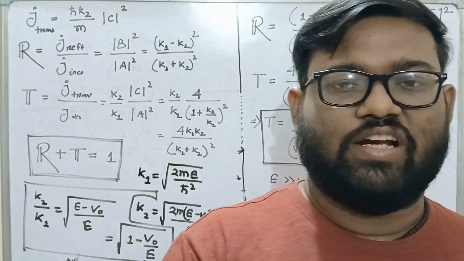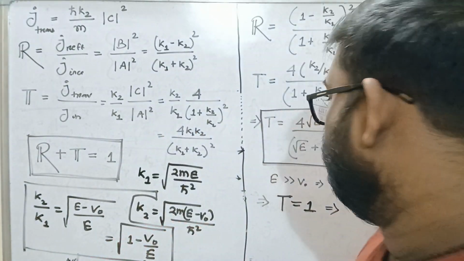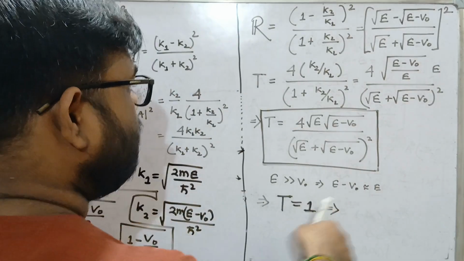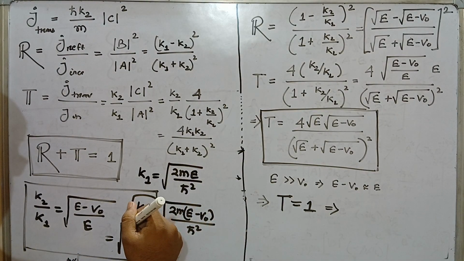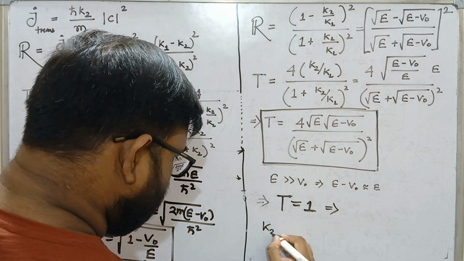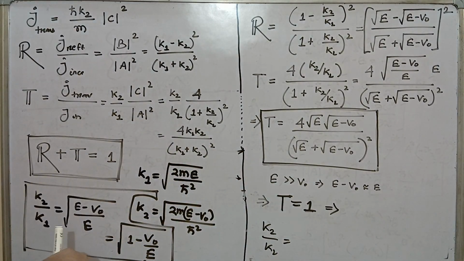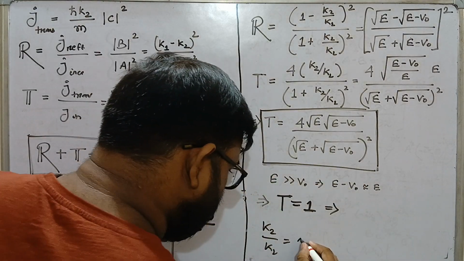The reflection coefficient will be 0 in that case. And in that case there will be one more thing. K2 by K1, look at it, will be what? E minus V will be equal to E, so this will be 1.